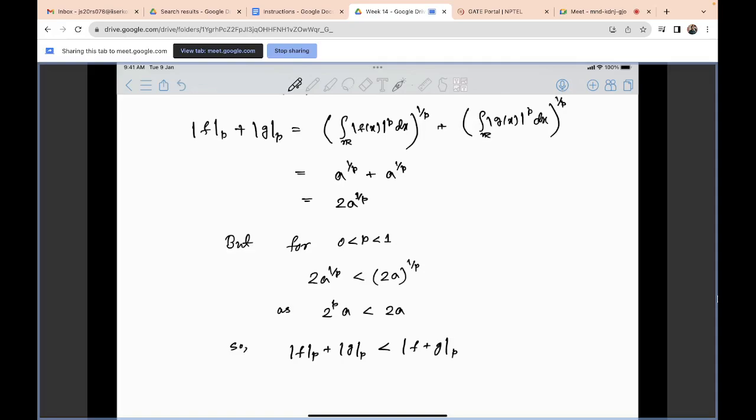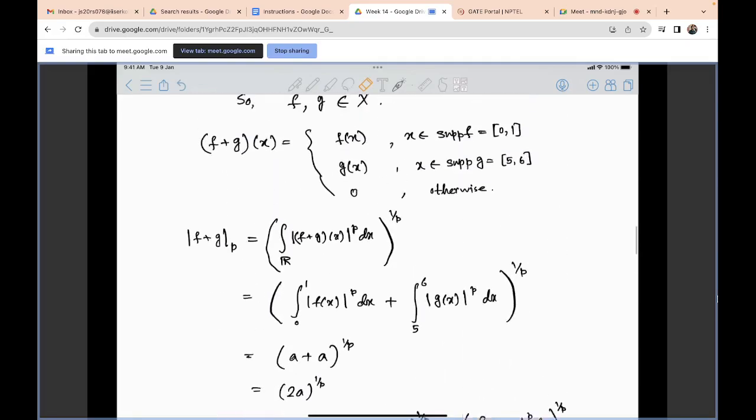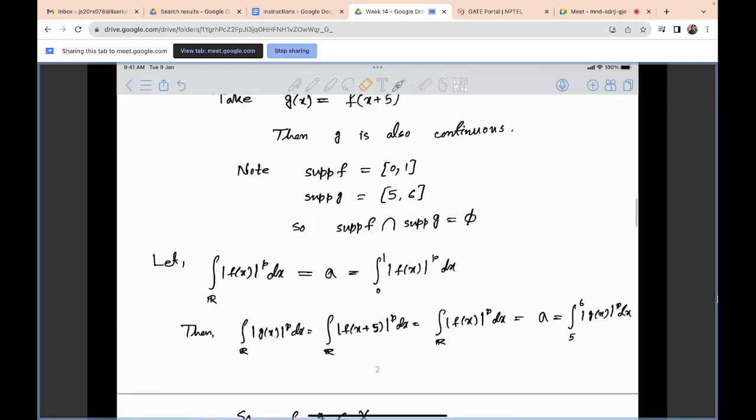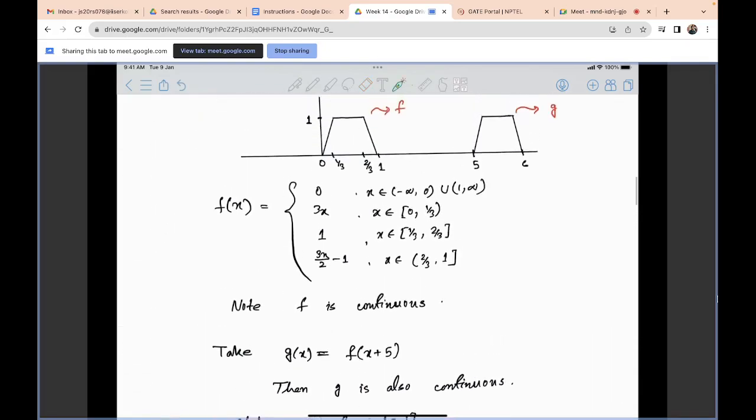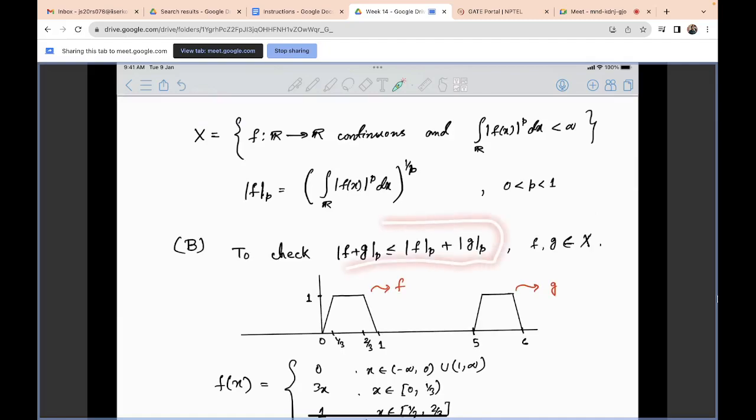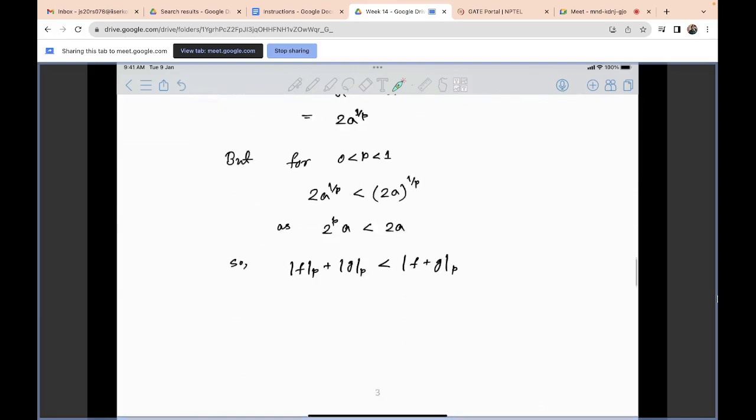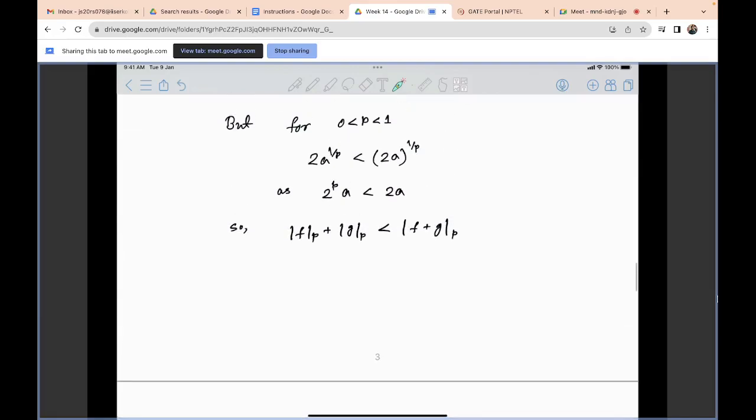So this is true for all f, no, for this f we have got this one. Therefore, this is saying that it is not true for all f and g. So option B is false.